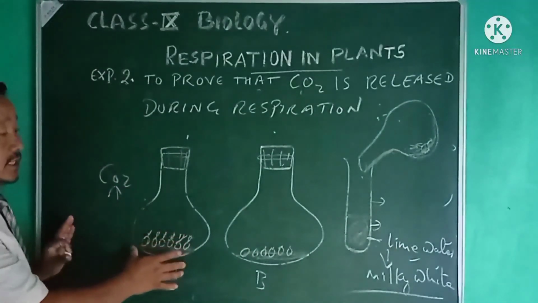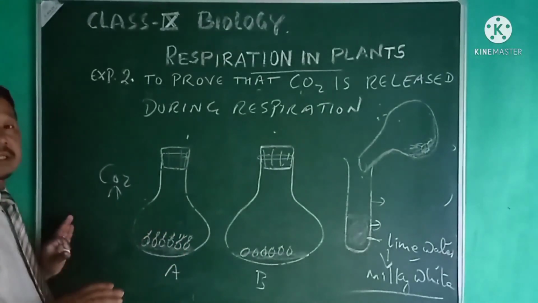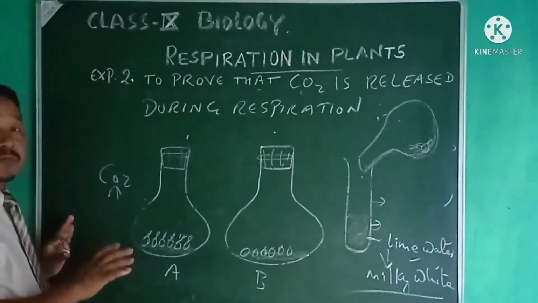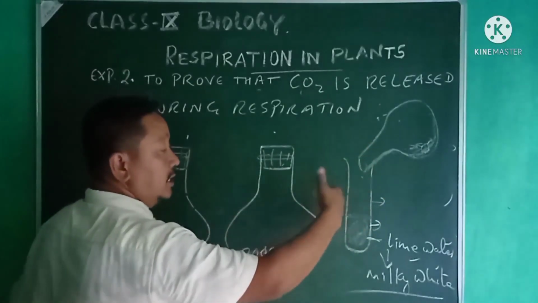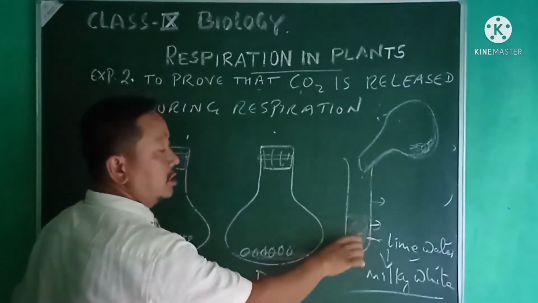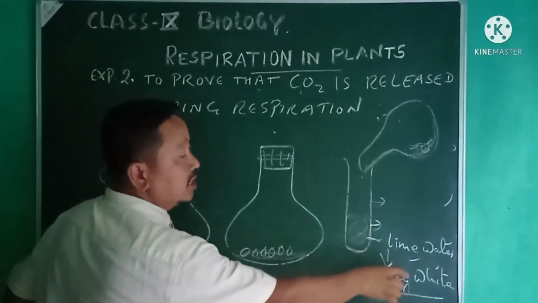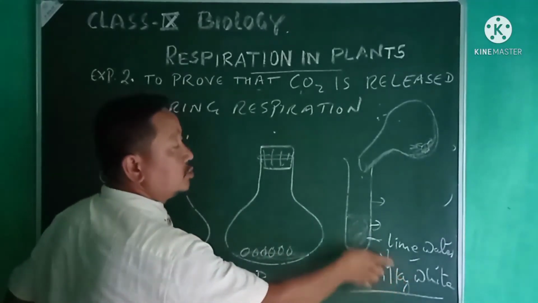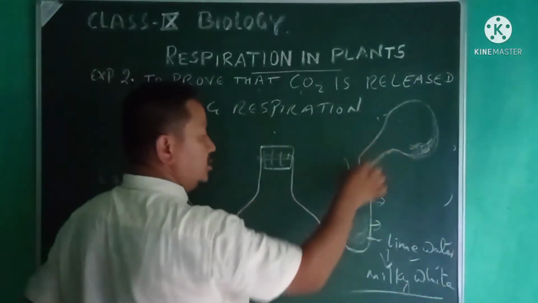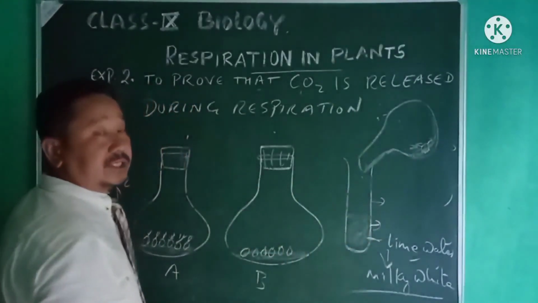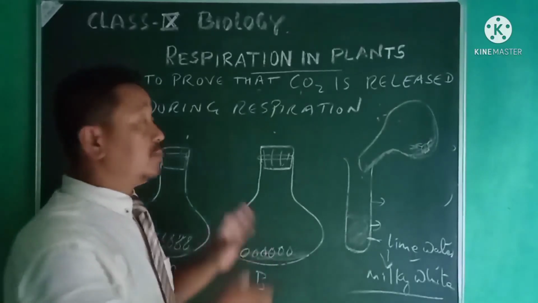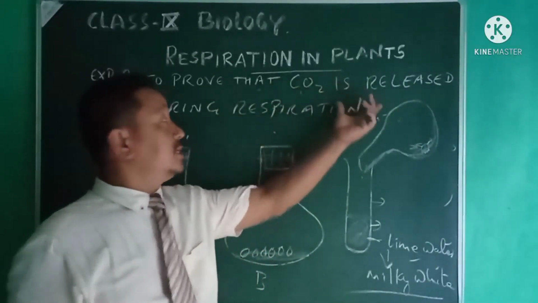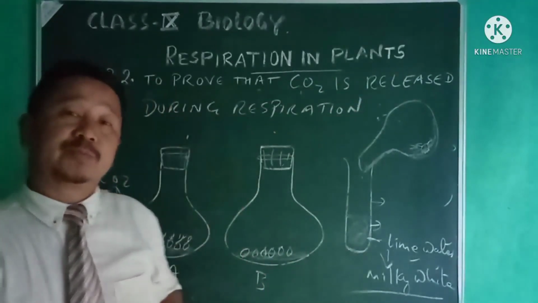But in this case, you see the carbon dioxide, confirmed by the change in color of the lime water to milky white when we tilted it into the test tube. So this is how we prove that carbon dioxide is released during respiration.